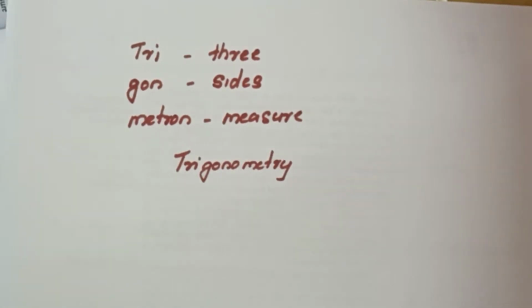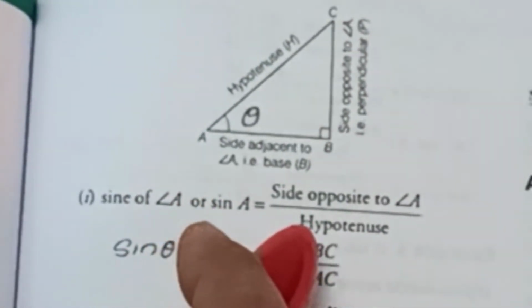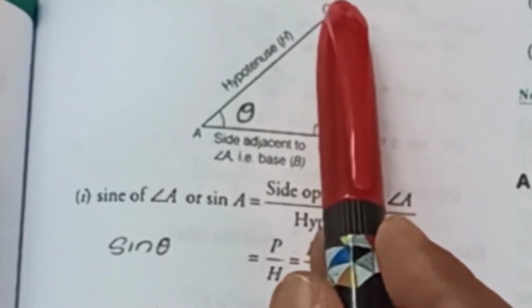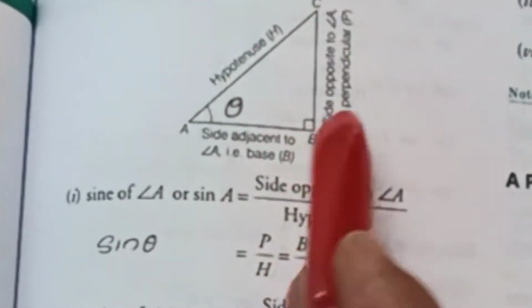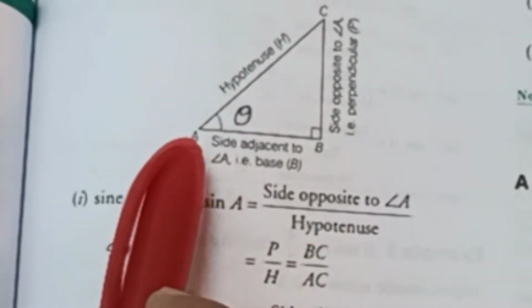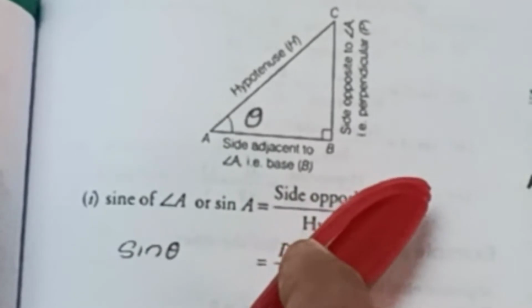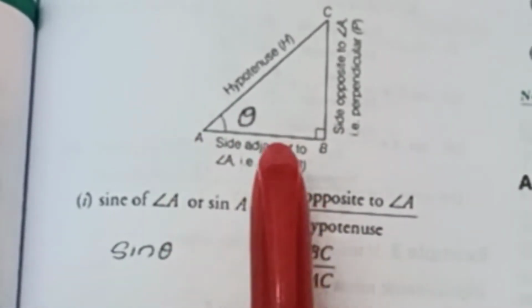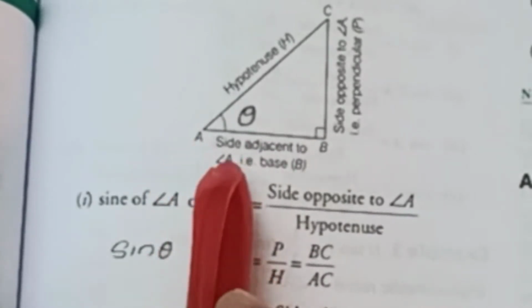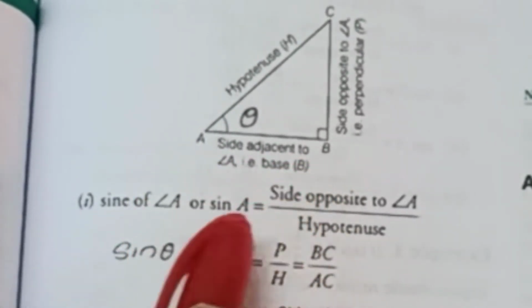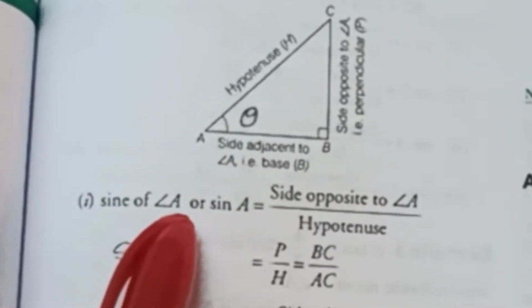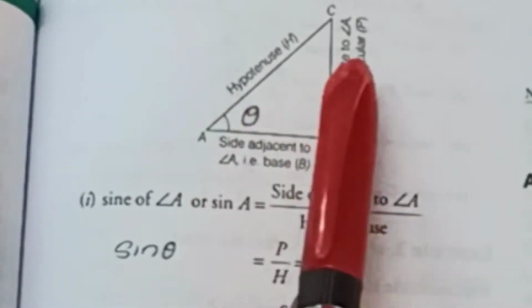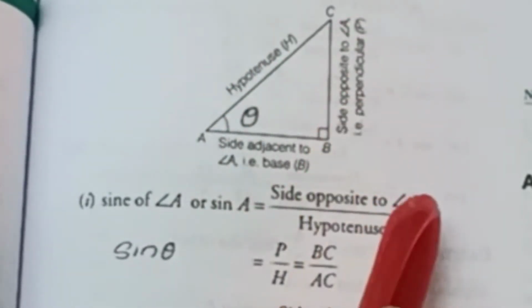Now let's learn some basics of trigonometry. Now consider this triangle ABC, right angled at B. Here angle A is the acute angle. Now BC is the side opposite to angle A, and AB is the side adjacent to angle A. Now sine of angle A, or sine A, is side opposite to angle A by hypotenuse.